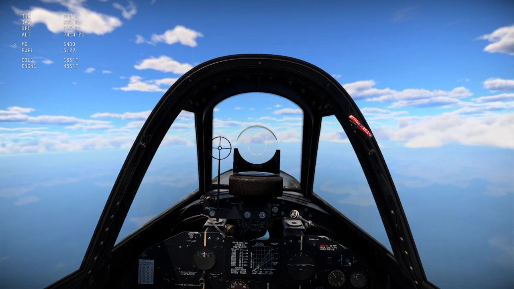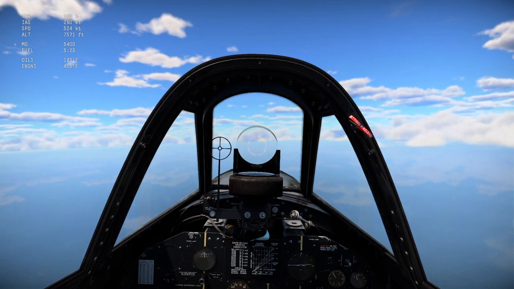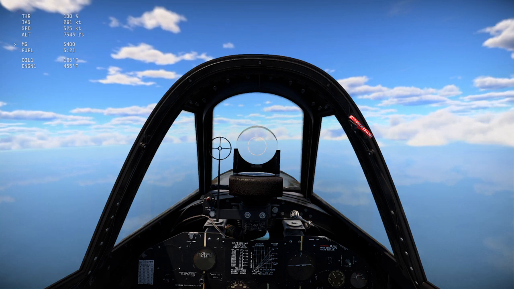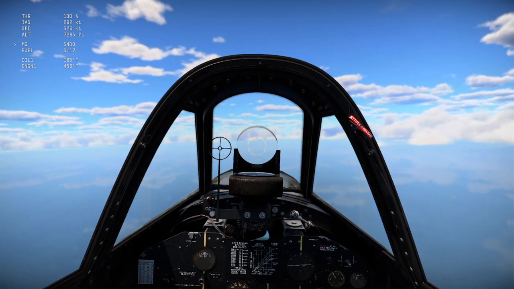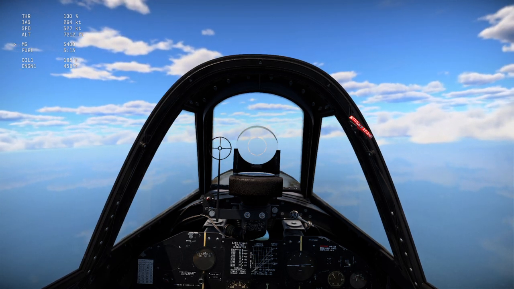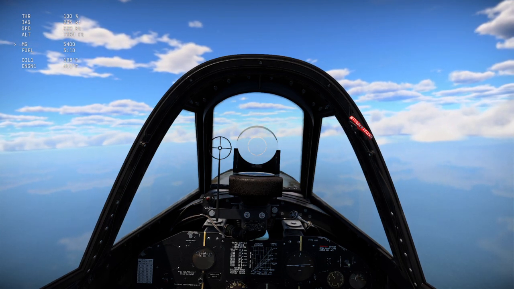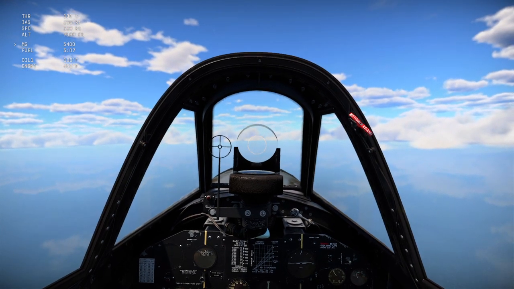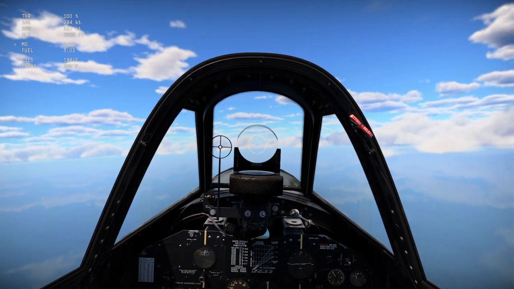With the way mixture is modeled in game, it's about the power that you're gaining in your aircraft, which is actually incorrect. I don't know why Gaijin has it modeled by power. But if you're in anything other than a Soviet aircraft, you'll want to run your percentage at about 85%.